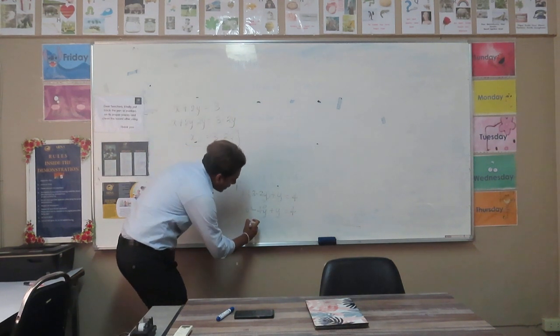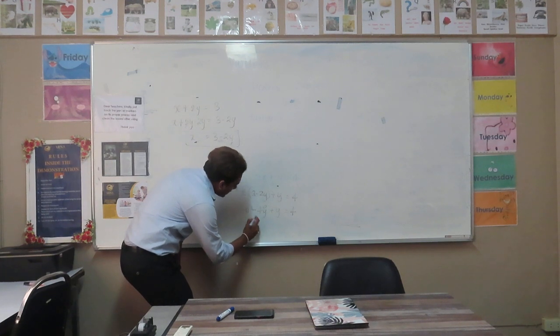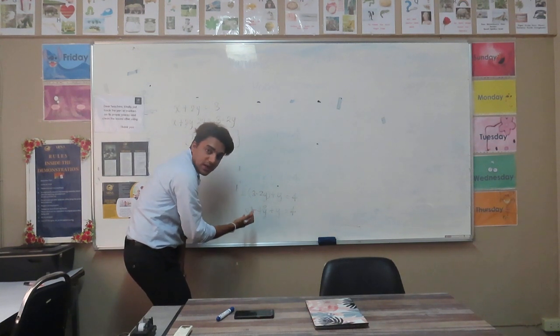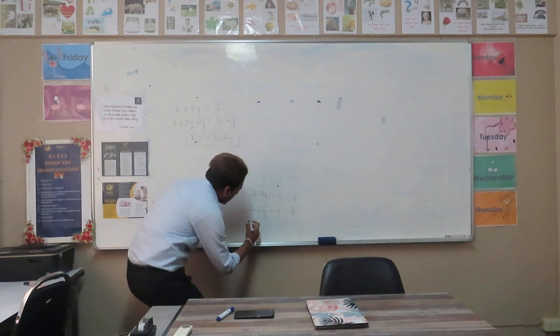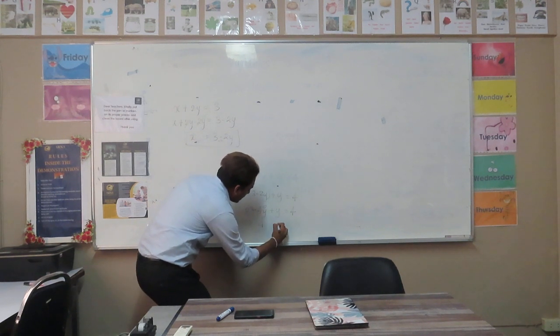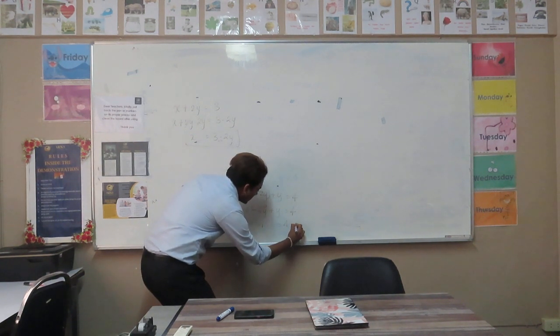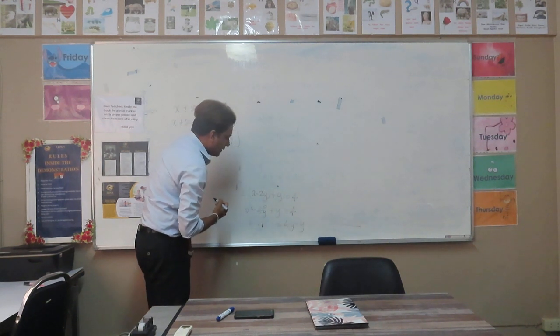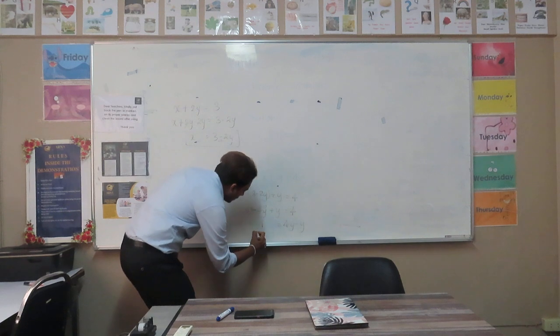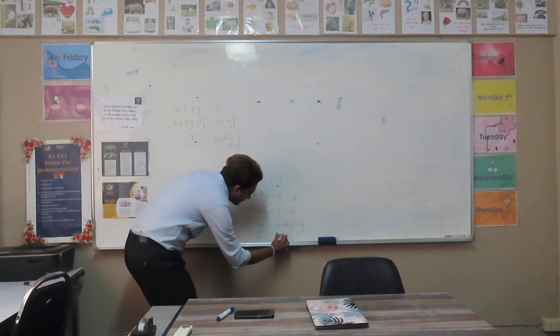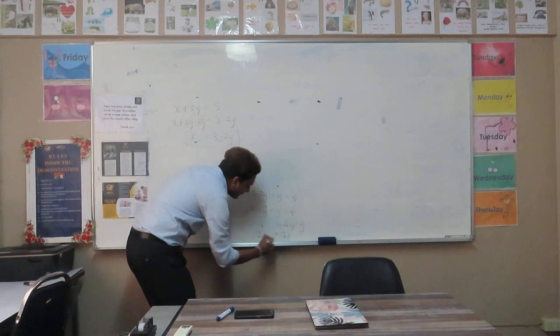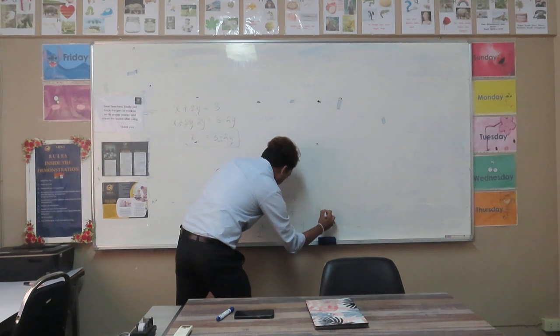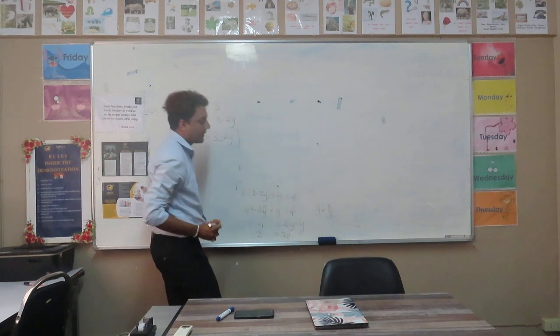Right? So what I'm going to do is I'm going to take all coefficients on one side and variables on the other. So 6 minus 4 is equals to 4y minus y. Okay? So this is 2 and this is 3y. So y is equals to 2 upon 3.